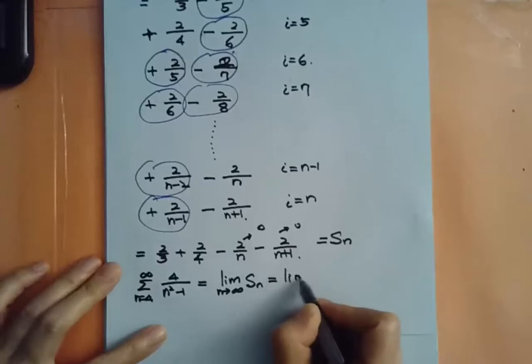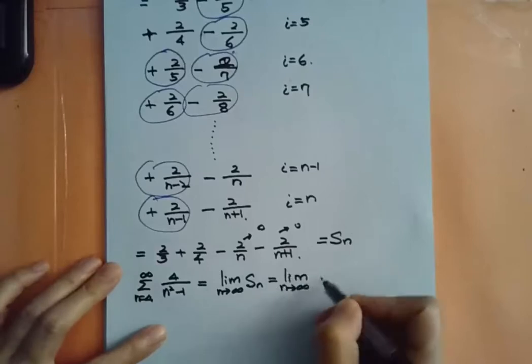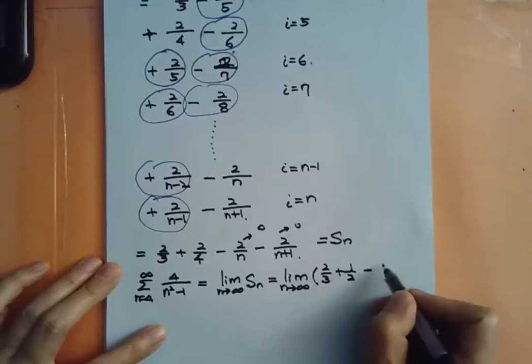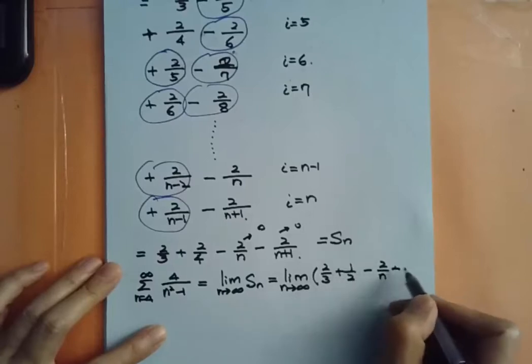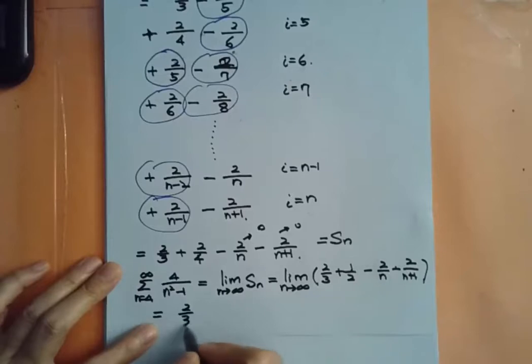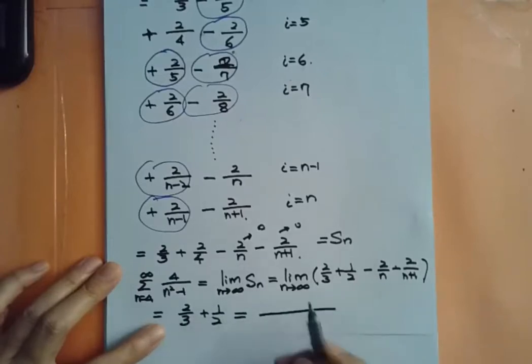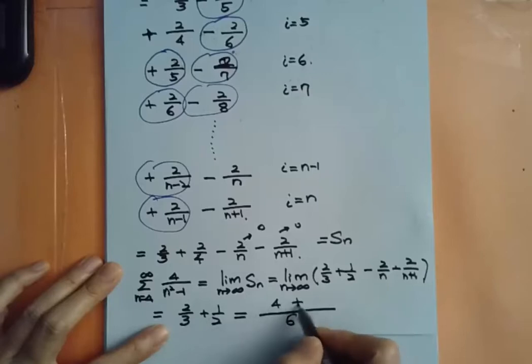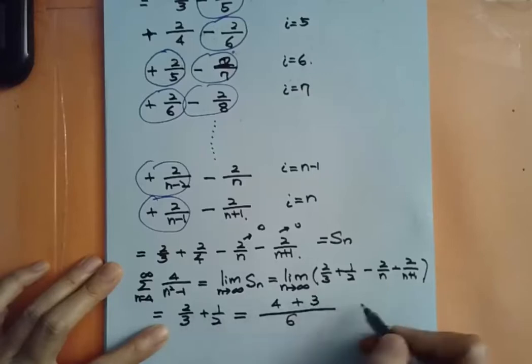So that is the limit as n goes to infinity of 2/3 plus 1/2 minus 2/n minus 2/(n plus 1). And so 2/3 plus 1/2 is, 2 times 3 will make 6, and 2 times 2 will make 4, plus 3 times 1 will make 3. So 7/6.